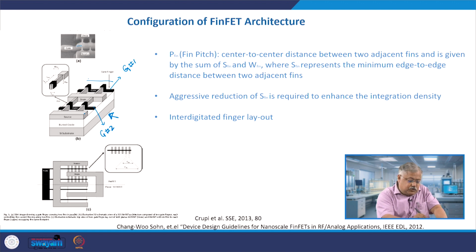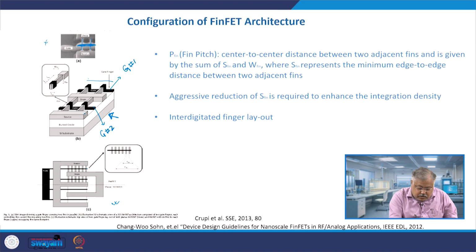So, this gate which you see is surrounding the fin in all the directions, and this is the gate which you are giving, a metal gate. Now, if you take this and do a layout for that one, then on the left hand side is basically the layout for this one, and this provides to you the interdigitated structure.